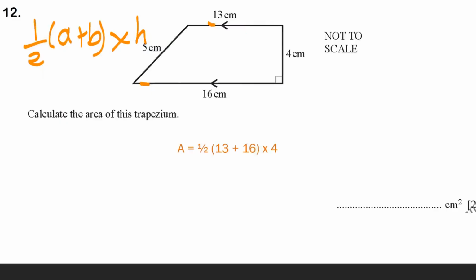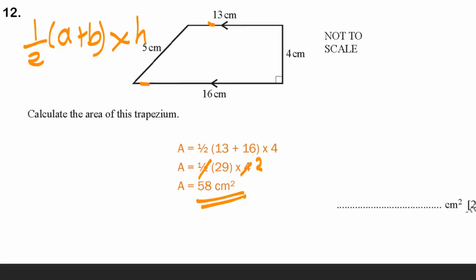All right, 1/2 of 13 plus 16 times 4, that is equal to 1/2 of 29 times 4. You can cancel 2 and 4 divided by 2, so we have 2. 2 times 29 is equal to 58. 58 square centimeters is your final answer.